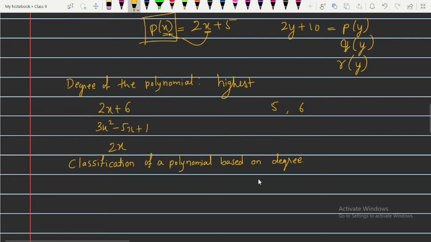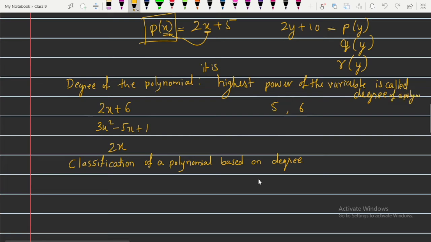What is the degree of the polynomial? It is the highest power of the variable. The highest power of the variable is called the degree of a polynomial.